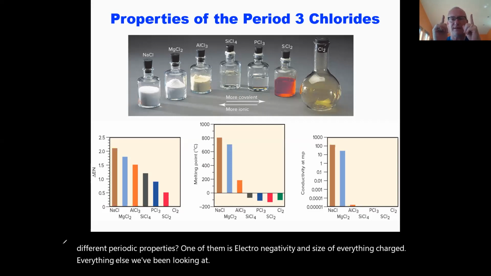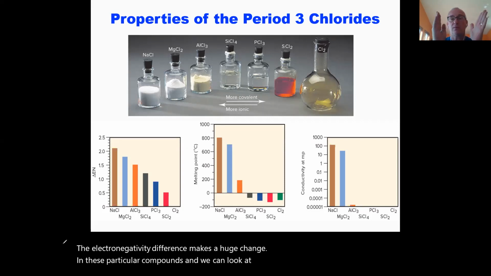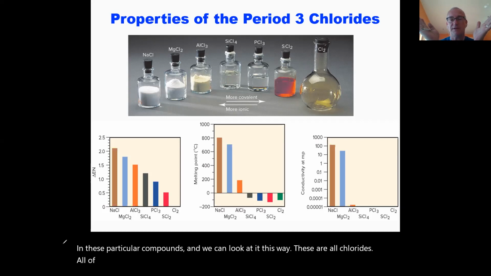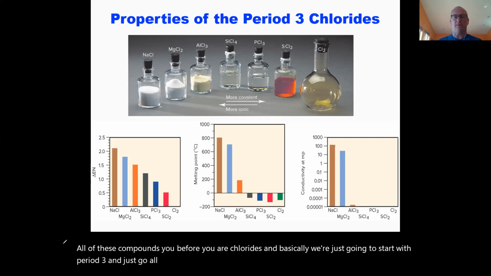The electronegativity difference makes a huge change in these particular compounds. And we can look at it this way. These are all chlorides. All of these compounds you see before you are chlorides. And basically, we're just going to start with period 3 and go all the way across the table, okay?